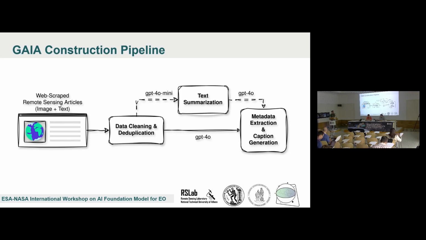After the web scraping, we clean up those data and deduplicate them, and then we use GPT-4o, the multimodal model from OpenAI, to annotate the remote sensing image with 5 diverse captions, conditioned on the text article that we have already scraped, so that we are sure that our captions are true and we don't introduce any hallucinations to the generated captions.